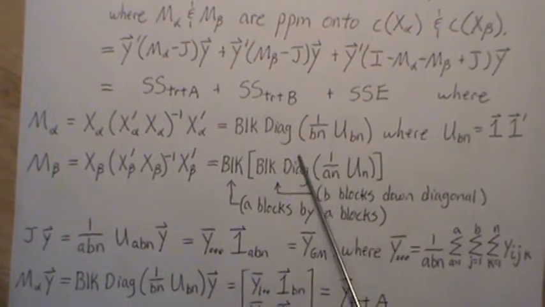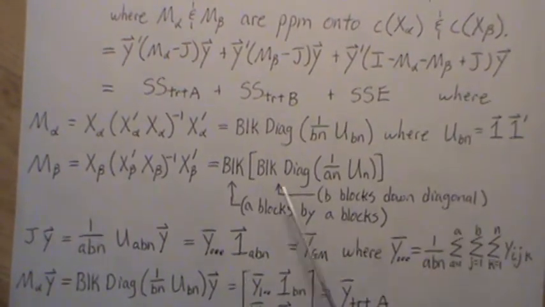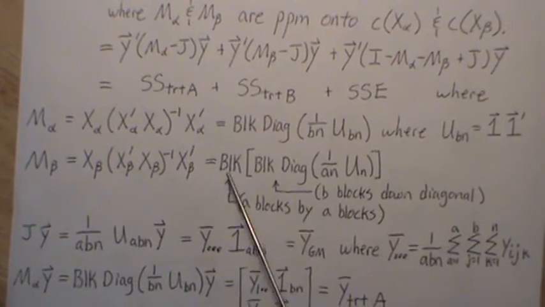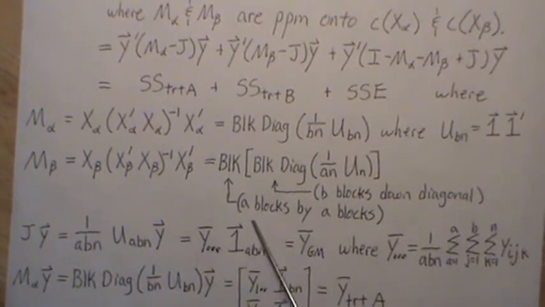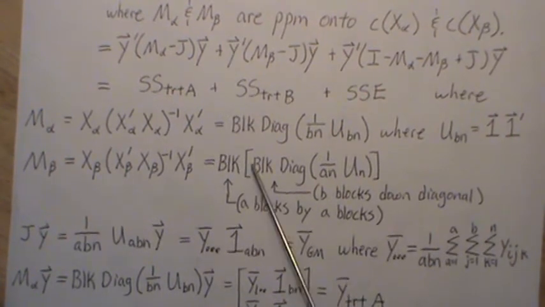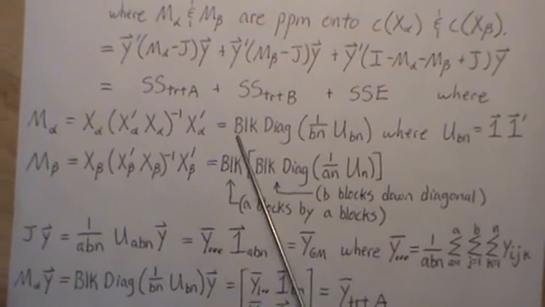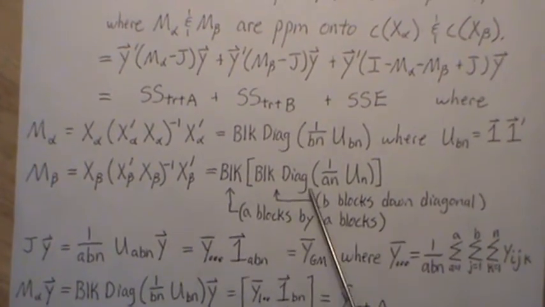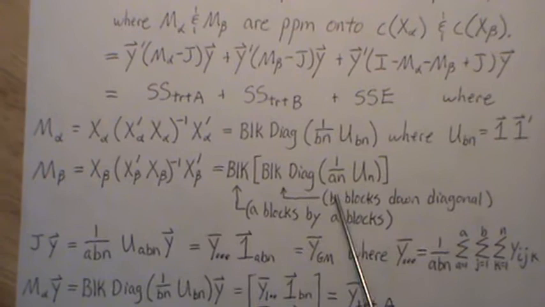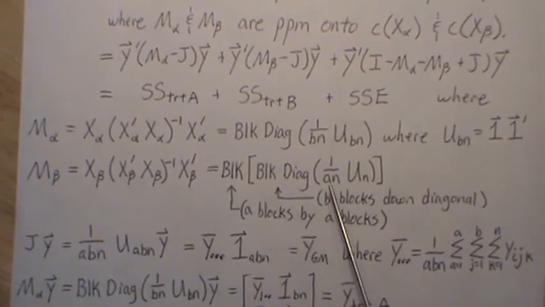So the whole matrix consists of this going across. Each little block is a block diagonal, and this is a by a blocks. So there's a big blocks going this way, a big blocks going this way, and then within a big block it's block diagonal of 1 over an.